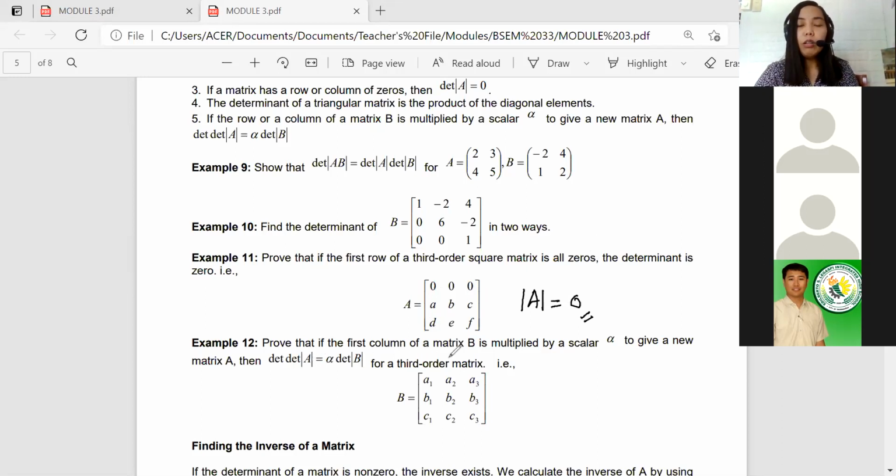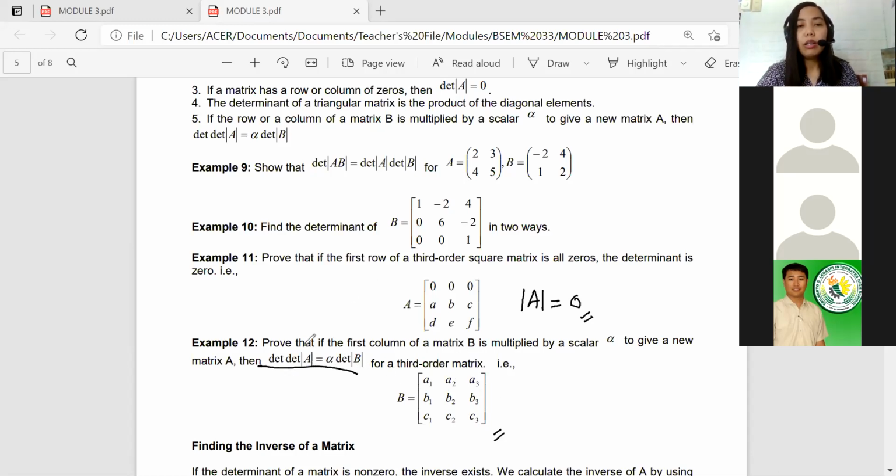Next, number 12. Prove that if the first column of a matrix B is multiplied by a scalar to give a new matrix A, then the determinant of A is equal to alpha times the determinant of B for a third order matrix. So, given this matrix, class, you show this.